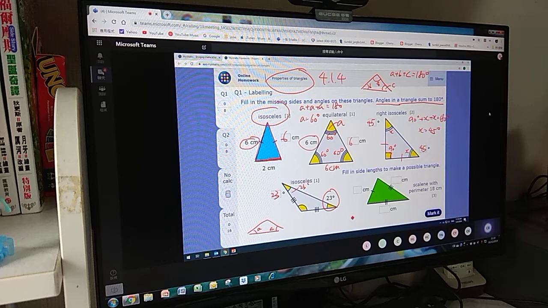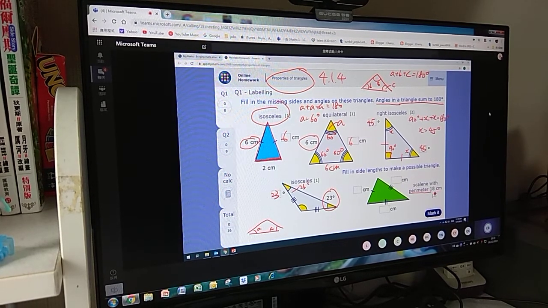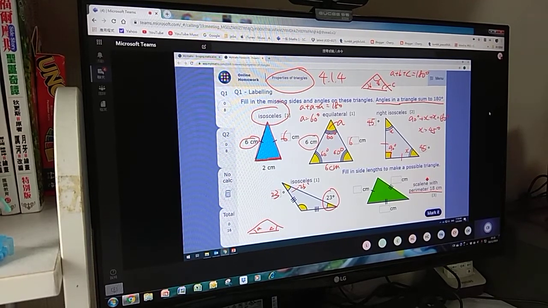So the last one should be the most difficult one. Okay, so now you know the perimeter of the triangle is 80 cm. Okay, so what is the possible side length for this triangle? You can see this one means all 3 sides are not equal.